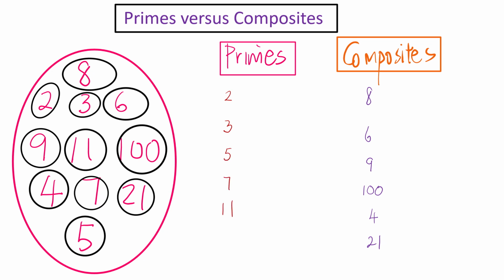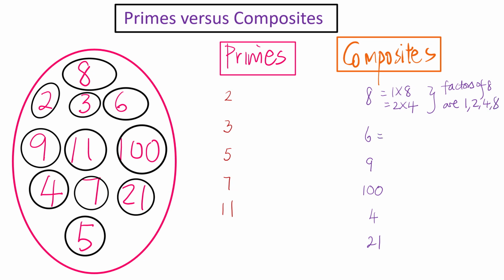All right. So the number 8, we can write it as 1 times 8. 1 times 8 gives you 8. Or 2 times 4 gives you 8. So therefore, the factors of 8 are 1, 2, 4, 8.